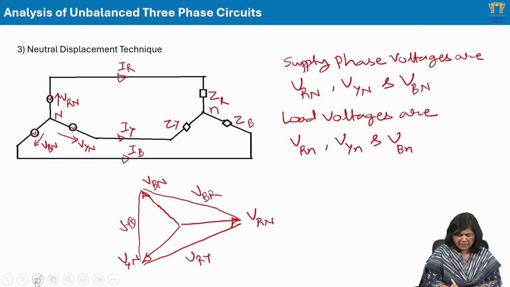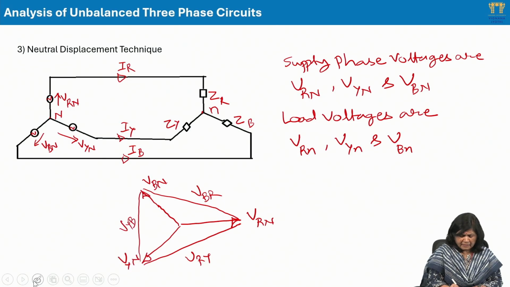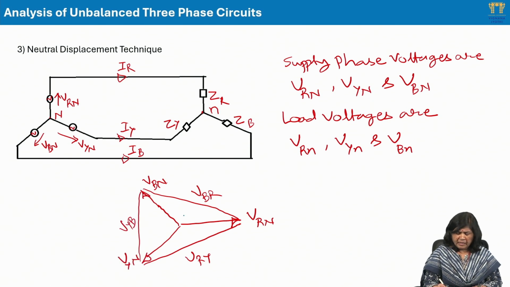Now what I will assume here is that this neutral is not the same as the load neutral. I'll assume the neutral point of the load is small n.